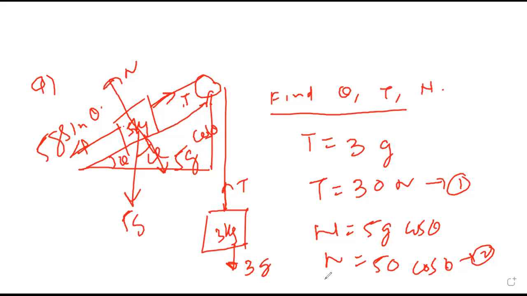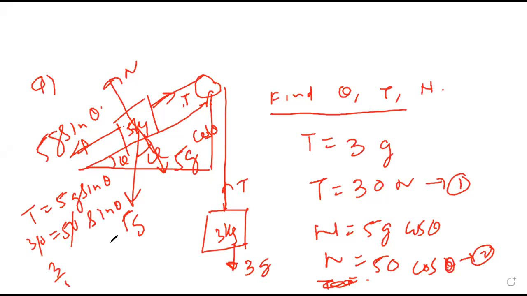And tension T will become 5g sin theta, so 30 equals 50 sin theta, 3 by 5 is sin theta, therefore theta becomes 37 degrees.